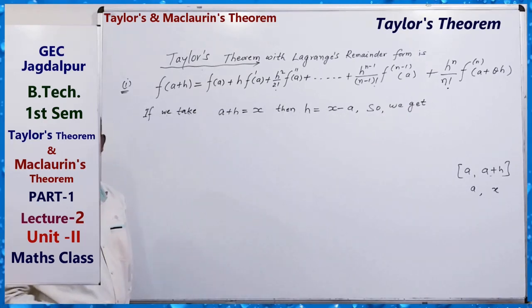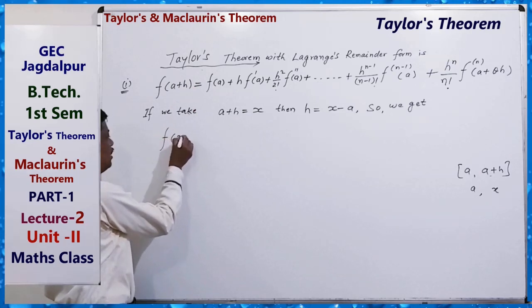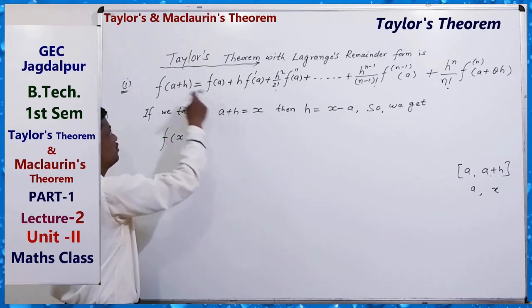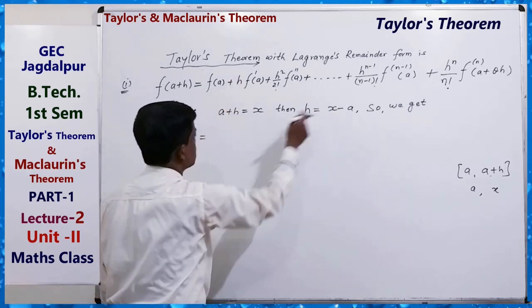So we get a very, very important form of Taylor's theorem. Here f(x), just write a plus h equal to x, in place of h write x minus a.